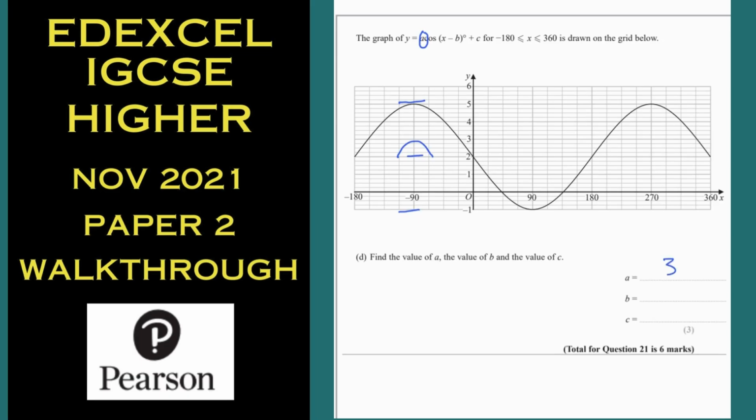So the coefficient of cos must be a 3. Because it's a cos, think about this maximum point here. It's usually there because that's where the cos curve starts. Cos starts at 1, goes downhill after that. So this maximum, it's actually been moved left 90 degrees.